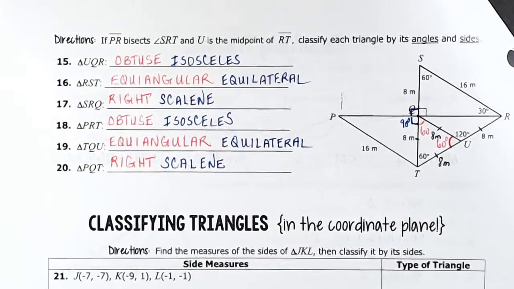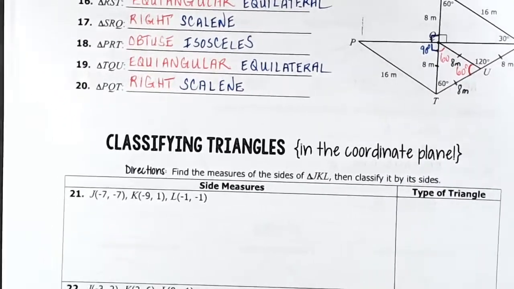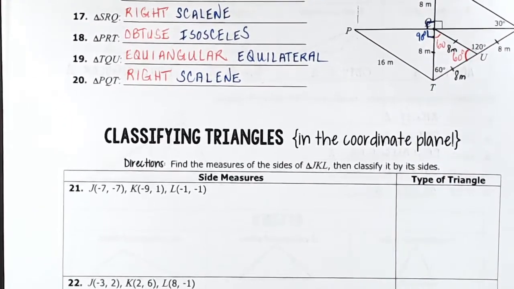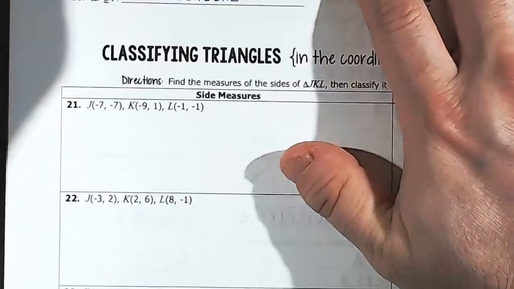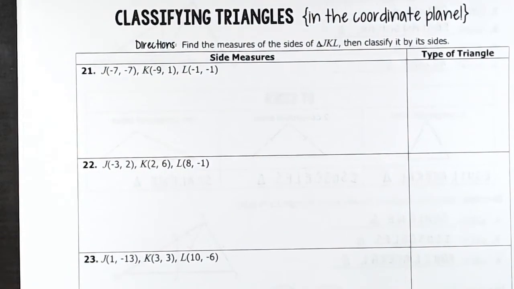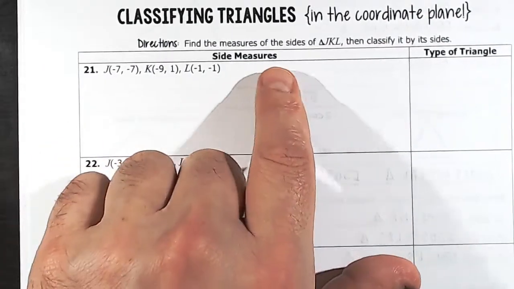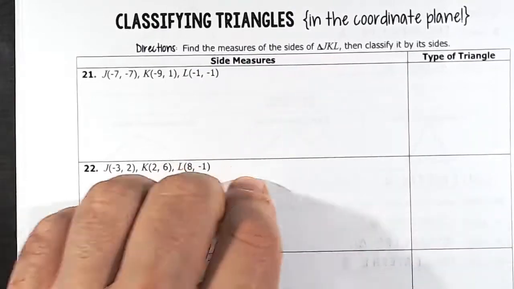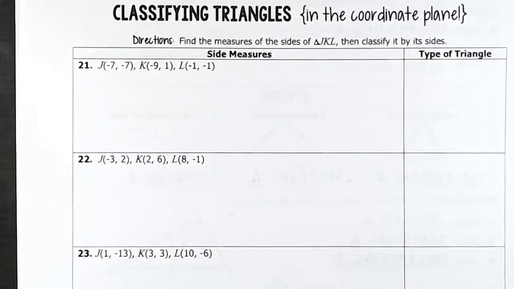Okay. Now, we are going to pause there because the next part requires us to use the distance formula in order to figure out the measures of a triangle and then classify it according to those measures.